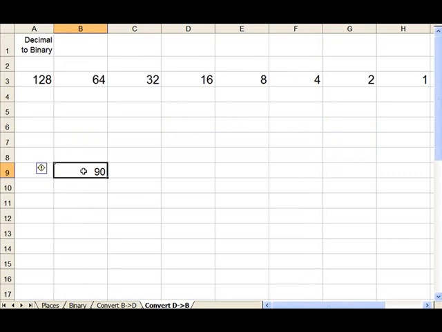Let's consider now how to go from decimal numbers to binary, and you can see that I've left the binary places up here. So we're going to work with numbers that are less than the largest number you can fit in 1 byte. Do you remember what that was? 255 is the largest number that would fit in a byte, and we're going to work on converting numbers that are less than that, and if we have to work with larger numbers, we'll do it just with a calculator.